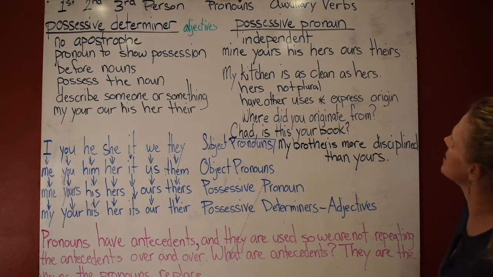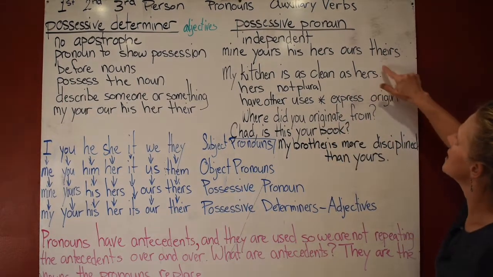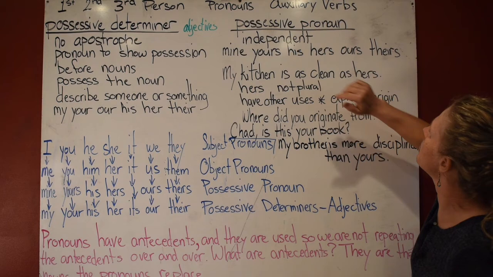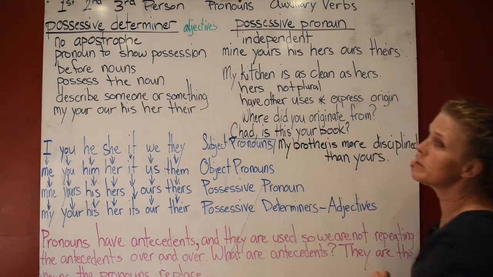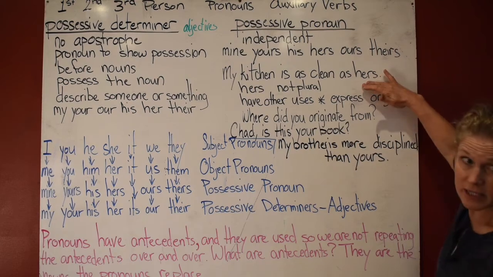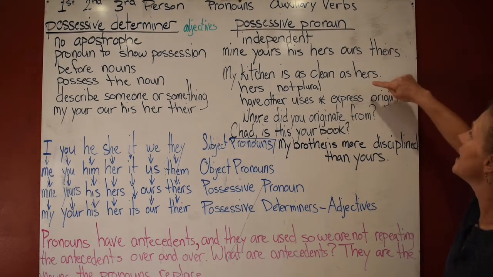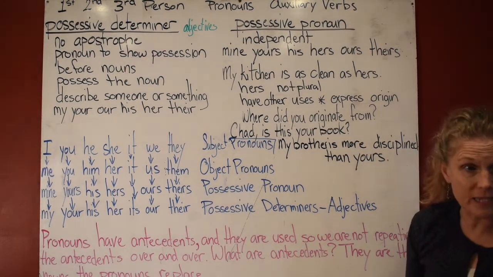So now let's look at this. My kitchen is as clean as hers. See how this sits all by itself right here. That means this is a possessive pronoun, not a possessive determiner. See how what the difference is. This right here is going to sit in a noun position. It is actually a pronoun replacing a noun.